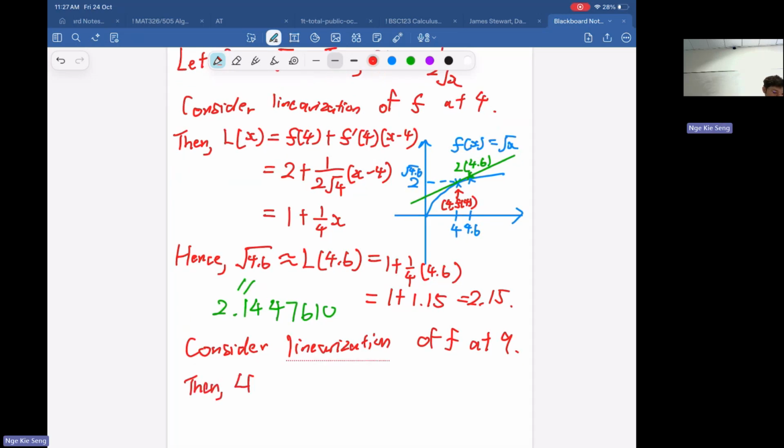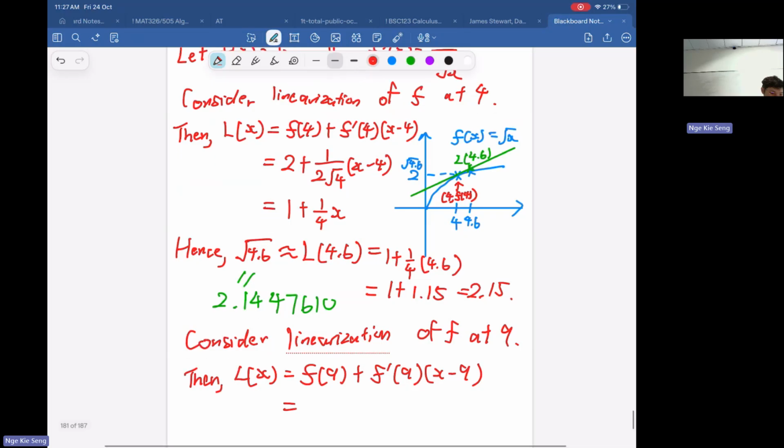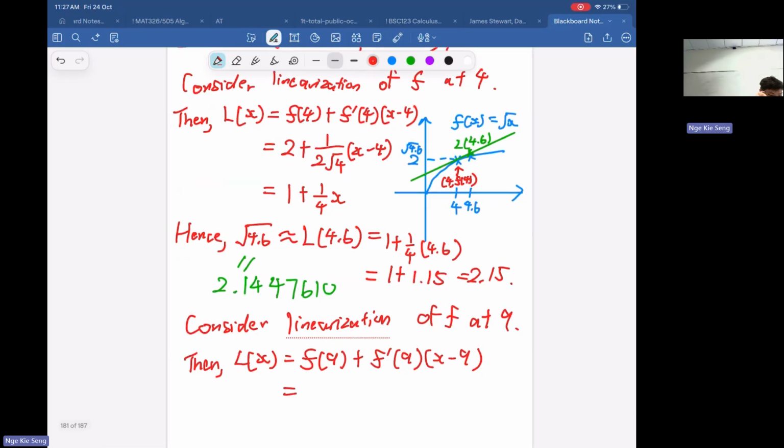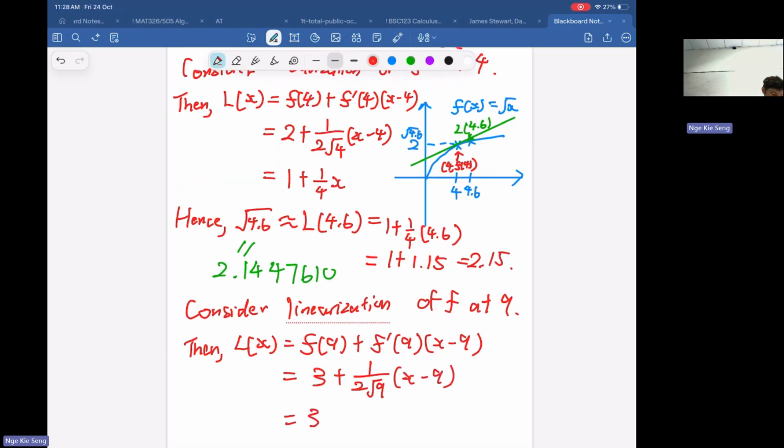So if we do linearization at 9, we'll get the tangent line at 9. f(9) is 3, right? So this will be square root 9, 3 plus 1 over 6 of x minus 9.